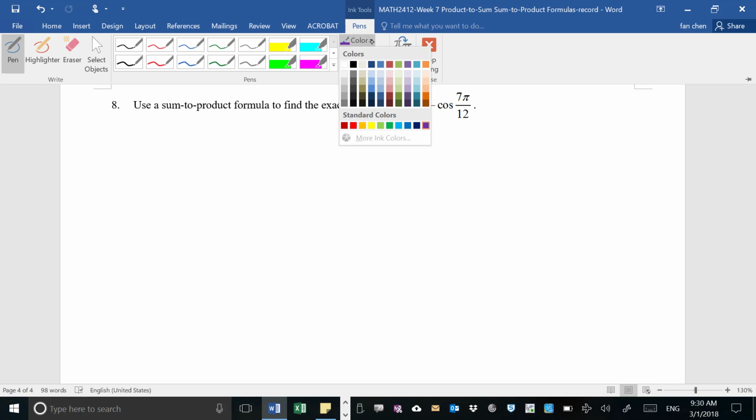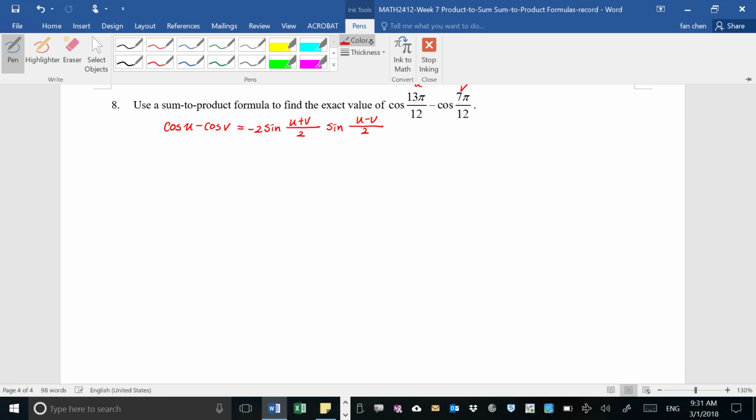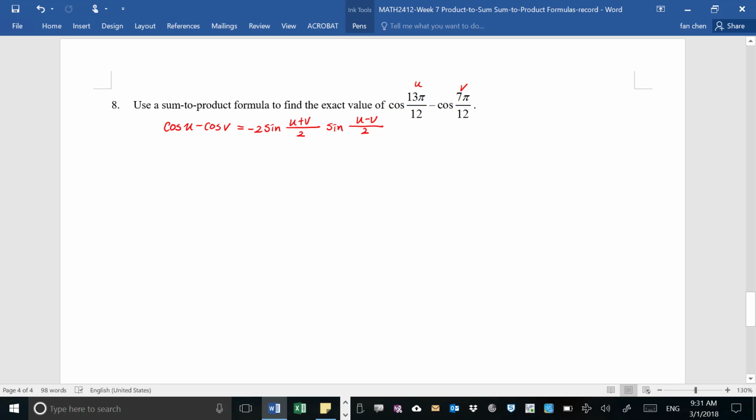If we go back to take a look at the note, you can see the difference of 2 cosines is equal to negative 2 sine of the sum of these 2 angles divided by 2, and sine of the difference of these 2 angles divided by 2. No matter if you use u, y or x, it's a variable, and I can consider this is u, this is v.